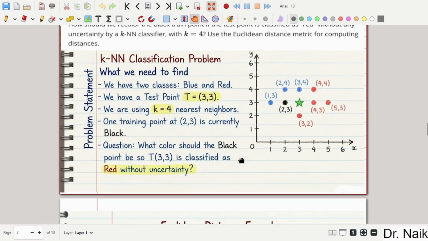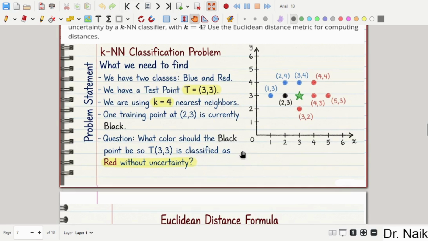Now understand the problem statement. We have given the two classes, blue class and the red class, and the test point is (3, 3). So consider this star as a test point, and we are using k equal to 4 nearest neighbors.